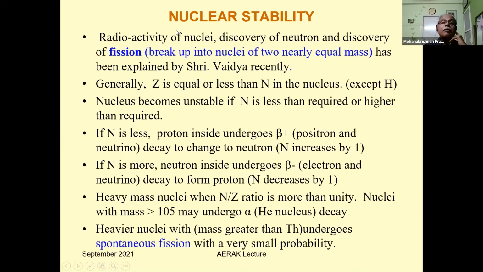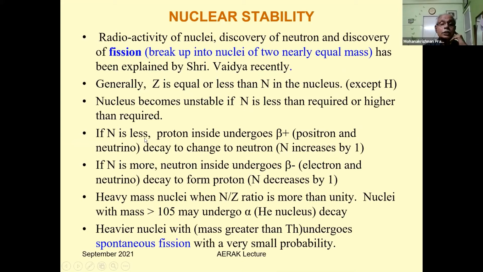The radioactivity of nuclei, the discovery of the neutron and the discovery of fission were discussed by Vaidya in the last lecture. So fission is the breakup of a nucleus into two nearly equal masses. Generally, Z is equal to or less than the number of neutrons in the nucleus, except for hydrogen, where it is equal. The nucleus becomes unstable if N, the neutron number, is less.